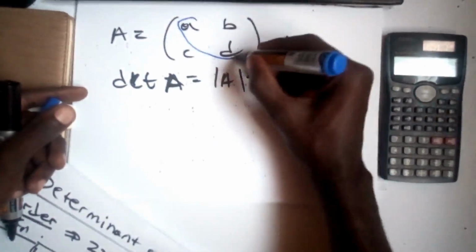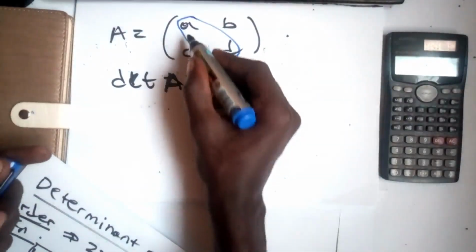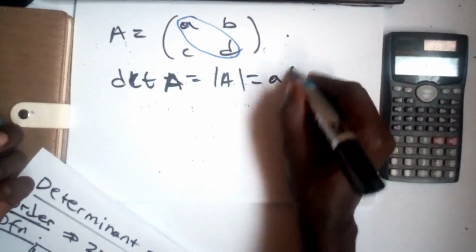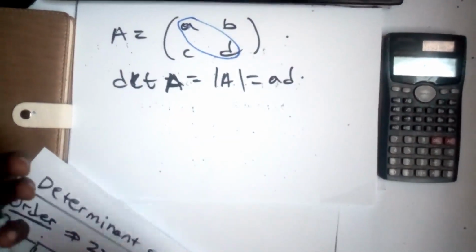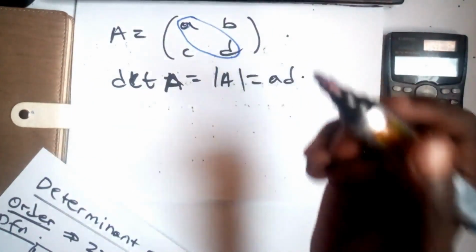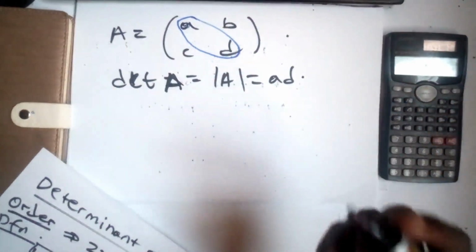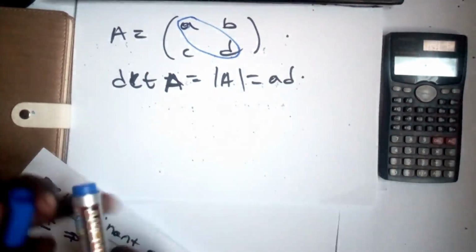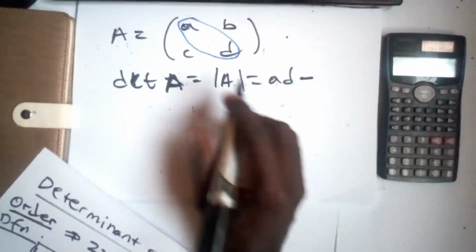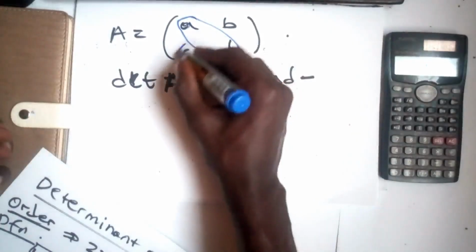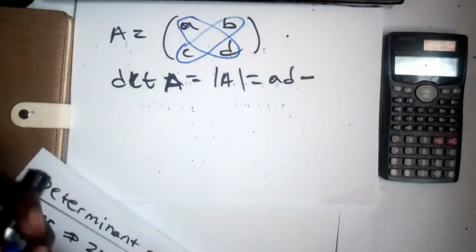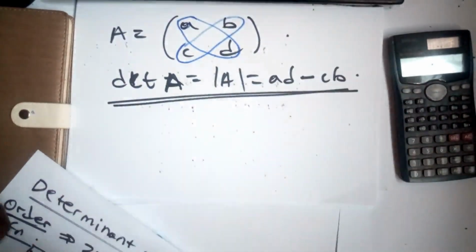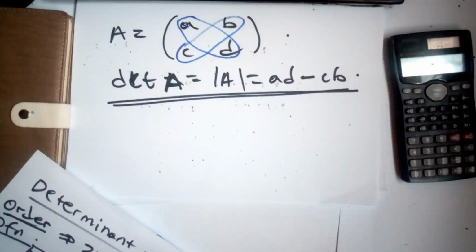So I get the entries in the leading diagonal, I get their product, meaning that I'm going to have a times d. Then remember the definition is the difference between the product of the terms in the leading diagonal and the product of the terms in the minor diagonal. So I subtract off the product of the terms in the minor diagonal. Then what I will have will be the determinant of that matrix.